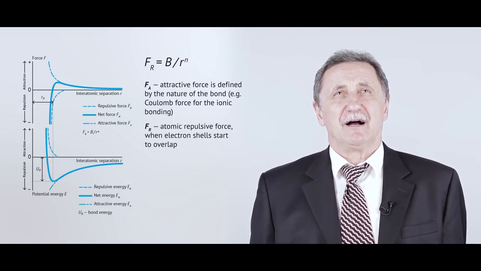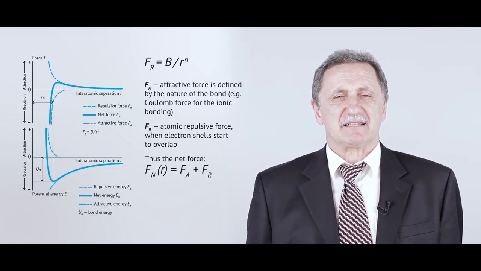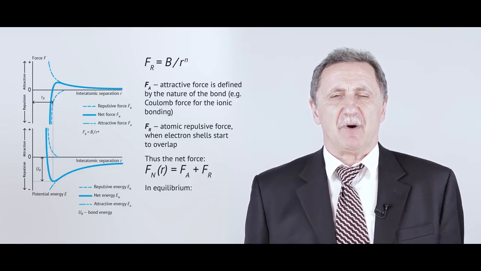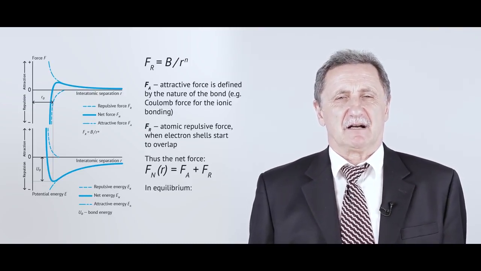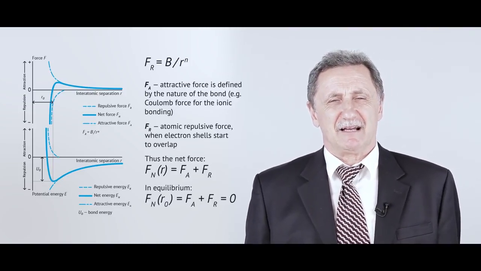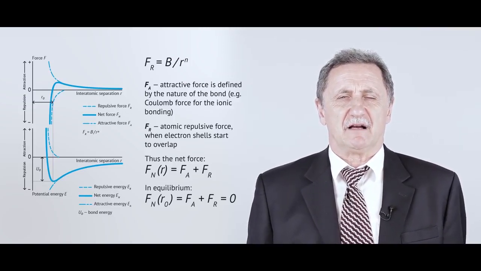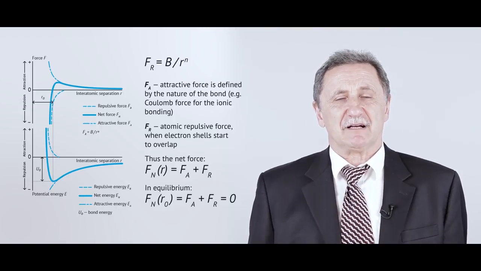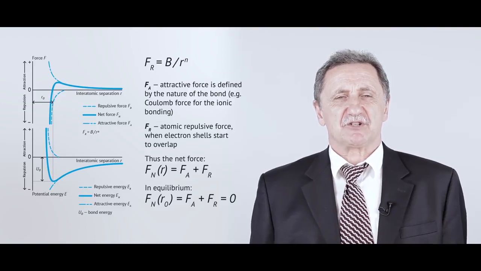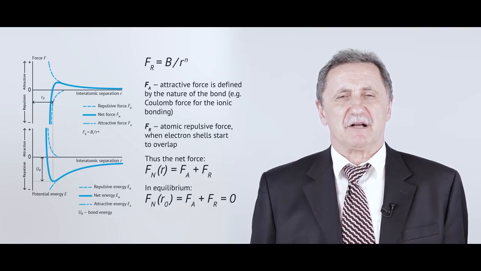You know from your experience that this never happens, because at some point the repulsive force starts its work, and the nature of the repulsive force is relatively straightforward in the case of ionic bonding. We have the overlapping of the electron shells of the two atoms, and both shells have a negative charge, so indeed we have a repulsive force.